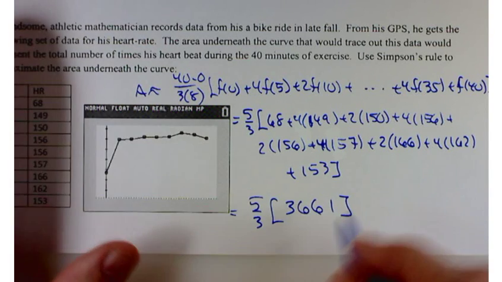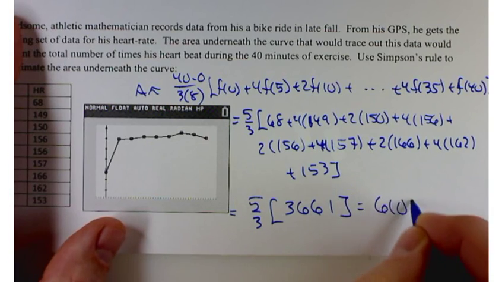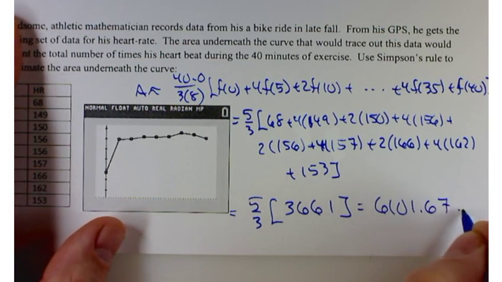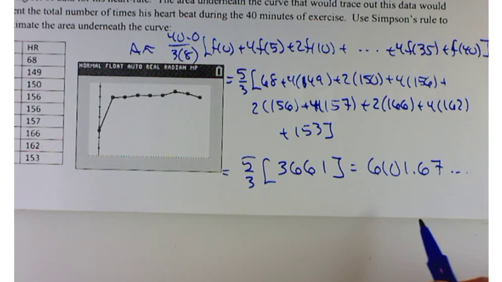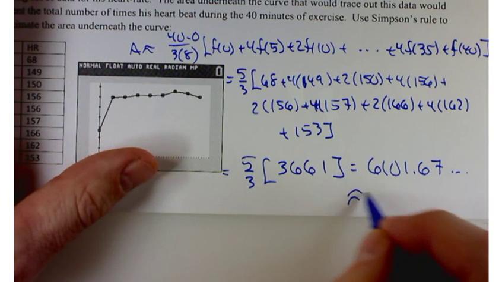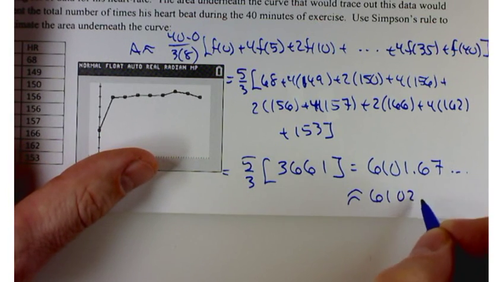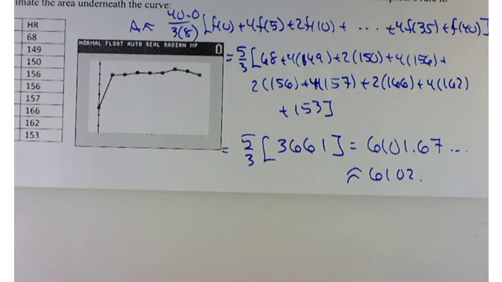So 6101.67. Now, of course, regarding the fact that this is heartbeats, it probably makes sense to round this off to the nearest integer. So 6102.